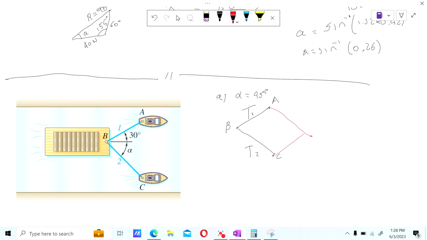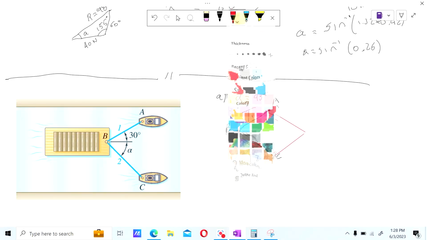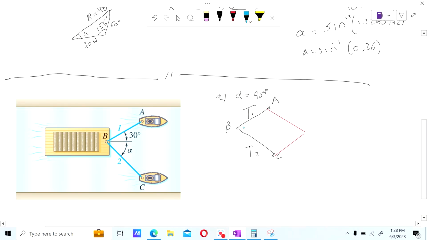That's supposed to be parallel. Let's try to assume that's parallel. So the total force R is going to be that line between those two.